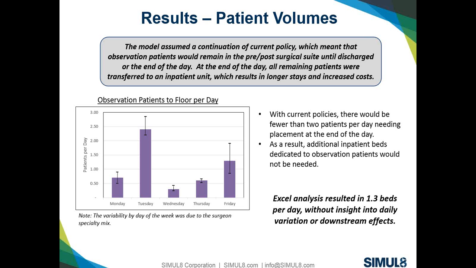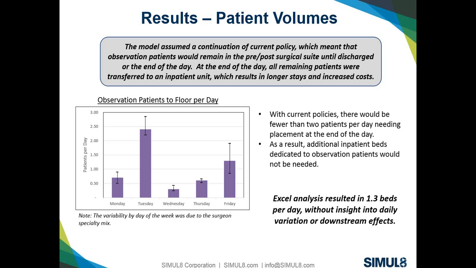So if we look at this chart on the left, what we see is 1.3 patients per day is really not a useful number because you have significant variability between the days of the week. And that is due to the specialty mix and the block schedule on that particular day. On days that we had, I think it was cardiology, we had many more observation patients.